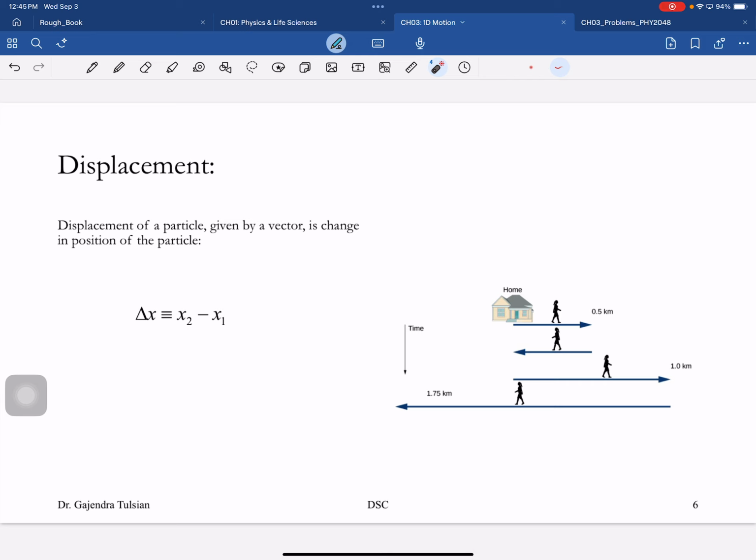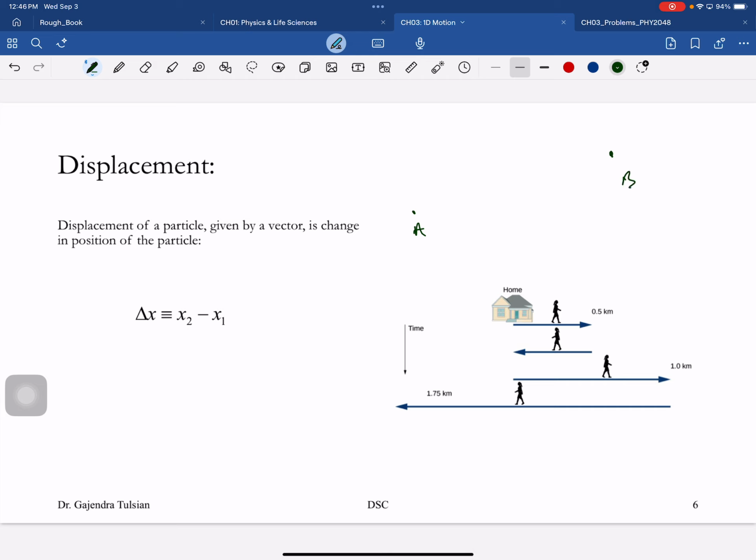Now we'll define some terms. The first one we'll define is displacement. Displacement is a vector. I'll do it in 2 dimensions, since it's easier to understand there, and then we'll come back to 1 dimension. Here's your starting point.